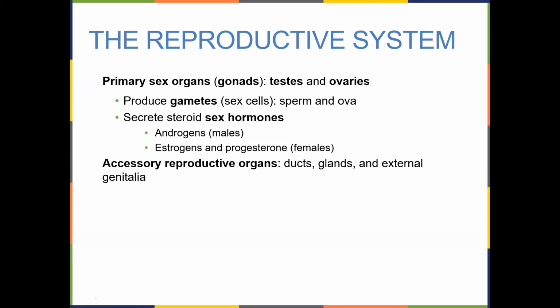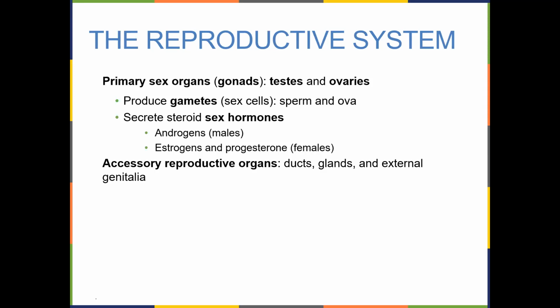The males and females both release the steroid-based sex hormones, testosterone in males, and androgens released by the adrenal cortex are really testosterone. In the female system, the female releases both estrogen and progesterone. Progesterone is released after the egg is ovulated because progesterone keeps the lining of the uterus intact. So those are the primary roles here, to produce eggs and sperm and to secrete the sex hormones.